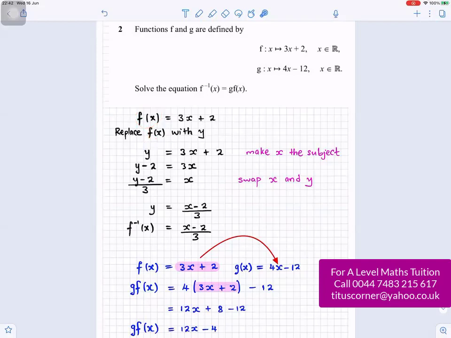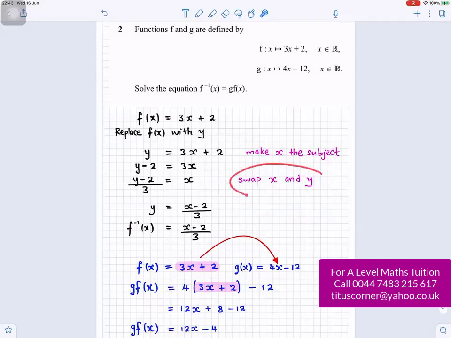So y is equal to 3x plus 2. We make x the subject. So to make x the subject, plus 2 goes to the left, it becomes minus 2. Times 3 goes to the left, it becomes divided by 3. So x is y minus 2 divided by 3.